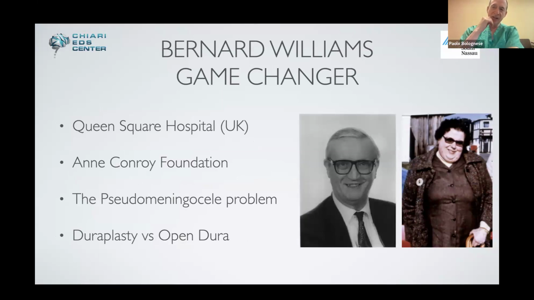He started accumulating cases, and by the time of his untimely death, he was stuck in a dilemma. Do I leave the dura open, like I would do for any kind of cerebellar tumor at that point in time, which was the late 80s, or do I do a duroplasty and then get stuck with cerebrospinal fluid leakages? By the time of his death, which was after a motorcycle accident, he hadn't solved this dilemma.